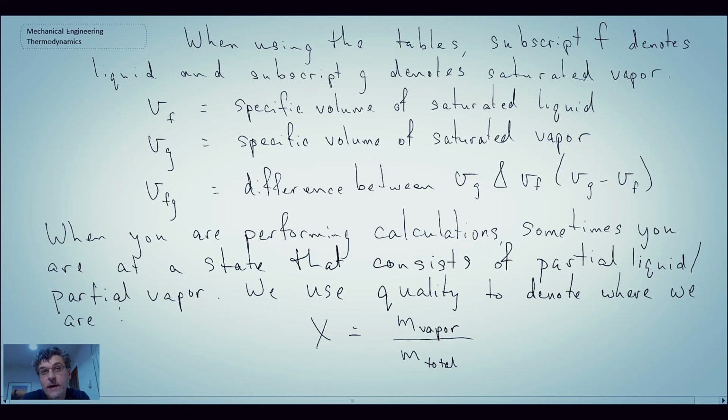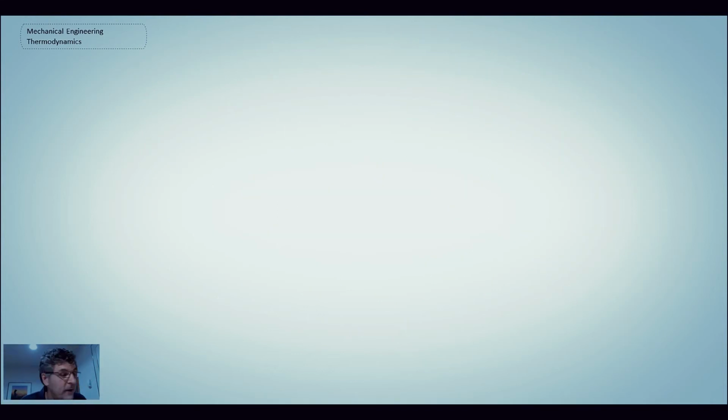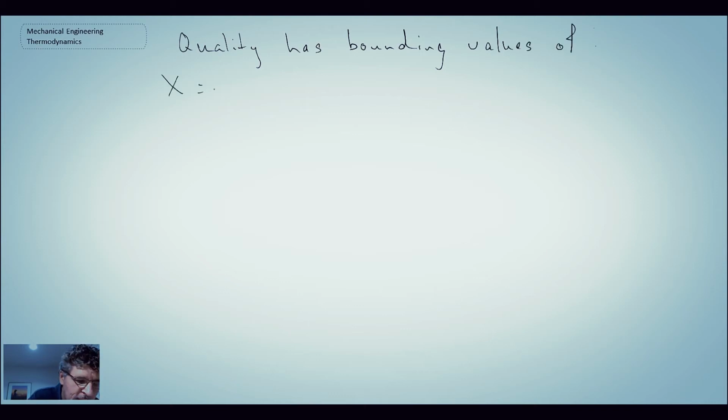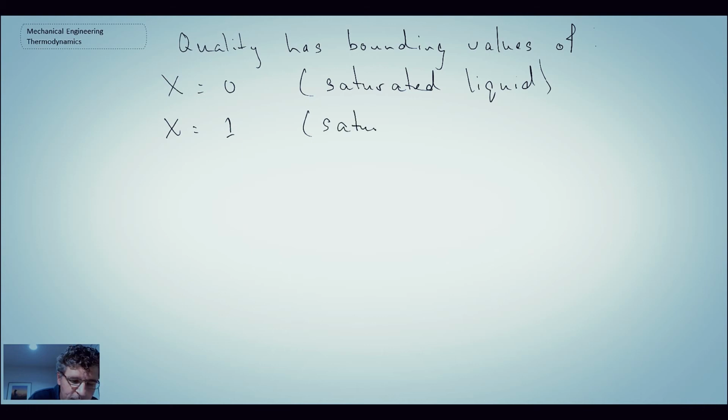When you're way over on the right-hand side, on the saturated vapor line, you'll have a quality of 1. And when you're way over on the left-hand side with saturated liquid, you have a quality of 0. So quality has bounding values of x equals 0 for saturated liquid, and x equals 1 for saturated vapor.